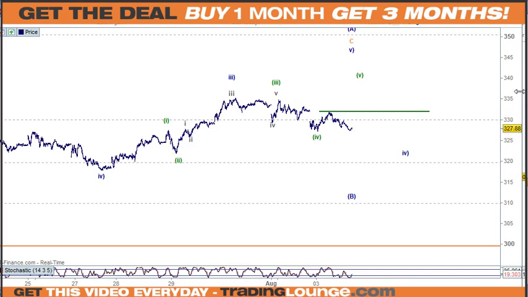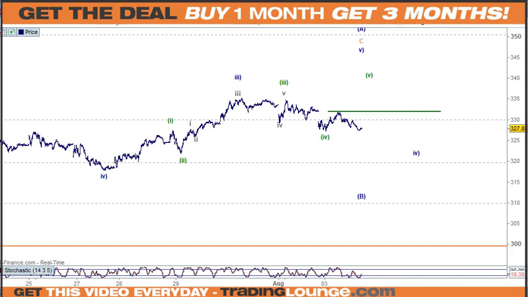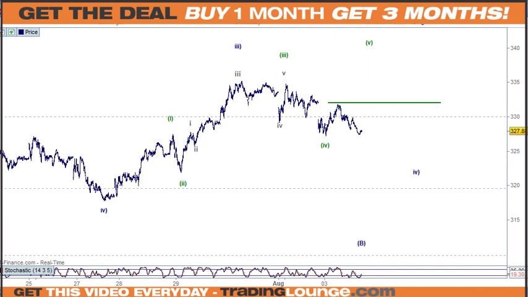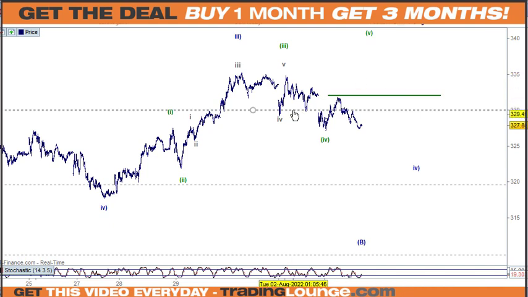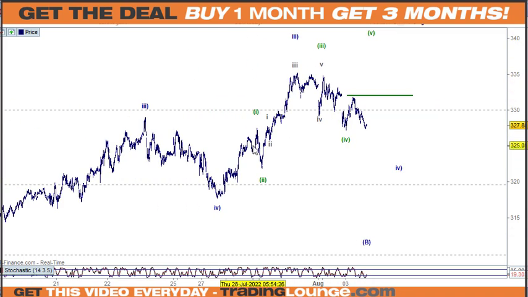I just don't get 5 waves to finish that off there either, so that's a bit of an issue at that point. It just doesn't finish off right here. Anyway, any long trades need to be above this top here, and just be mindful that it can move down further. Alrighty, I'll leave it at that.